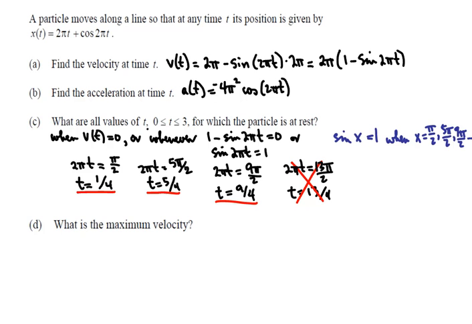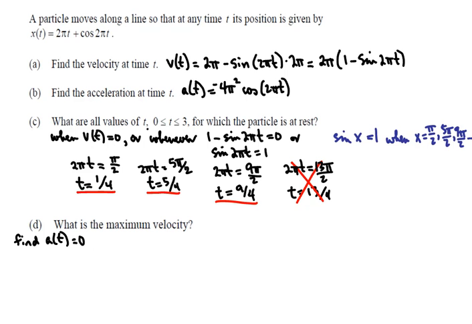Now part D is asking what is the maximum velocity? Well, maximum or minimum velocity for a differentiable function, a smooth curve, will always occur when the graph has horizontal tangents. So if we're looking for where the velocity graph has horizontal tangents, we should be looking at where its derivative is 0, so we should find out where the acceleration is 0.